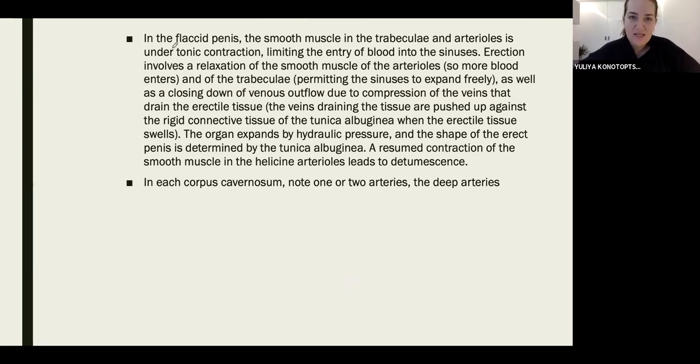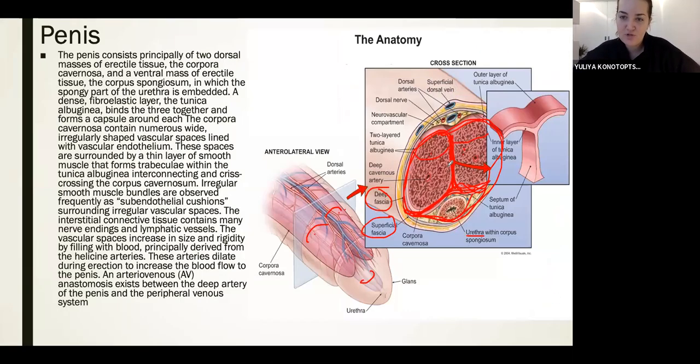So in the flaccid penis, flaccid means that it's not erect. It's just relaxed, hanging. You will see that inside of the corpora cavernosa, we have the trabecula, you remember? If I go back to this picture, these are the corpora cavernosa. Inside of them, there are these islands of smooth muscle, which we call trabecula.